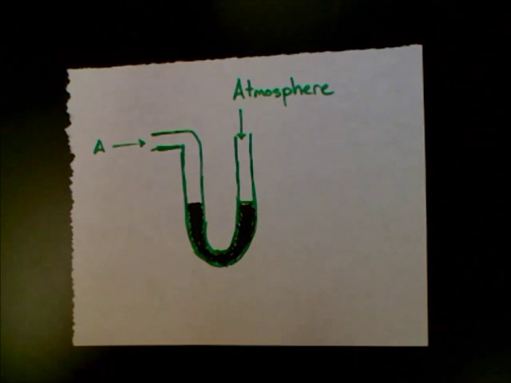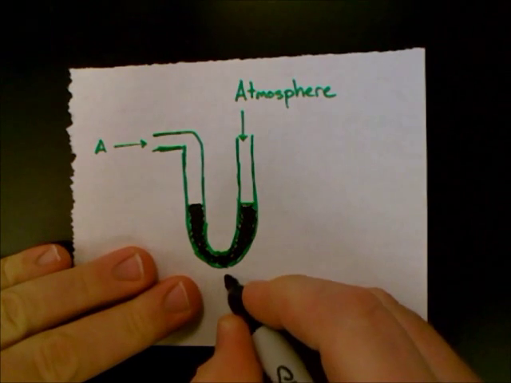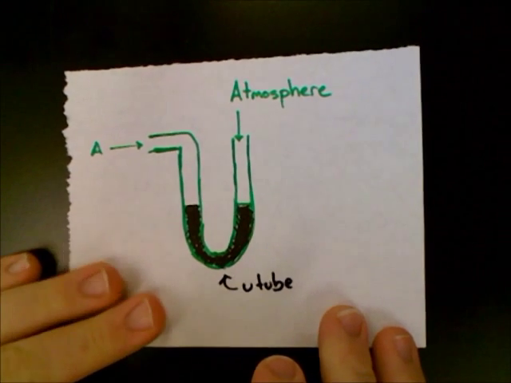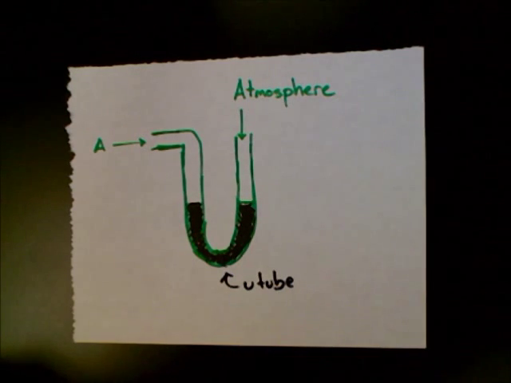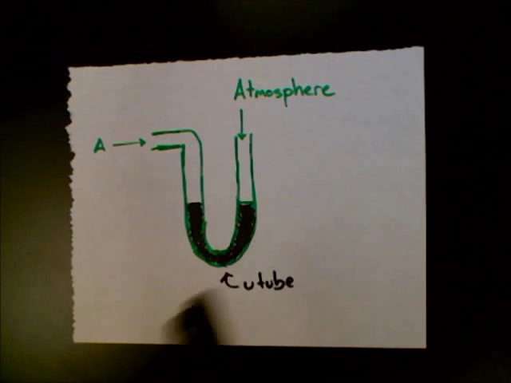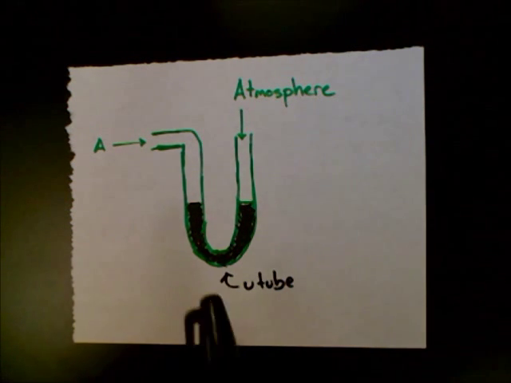Okay, so we know the atmosphere applies a force over an area, which we call pressure. So let's say we made a U-tube, and that's what we're going to call this, U-tube, so named because it looks like a U. And we were to fill that with some sort of liquid, whether that be water or mercury or whatever it may be.